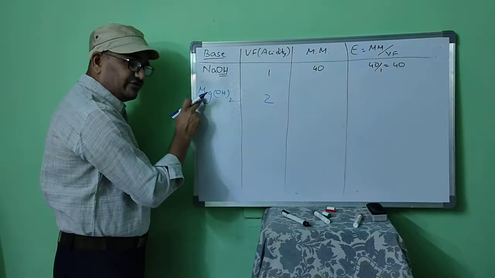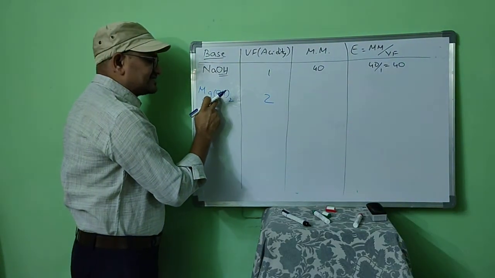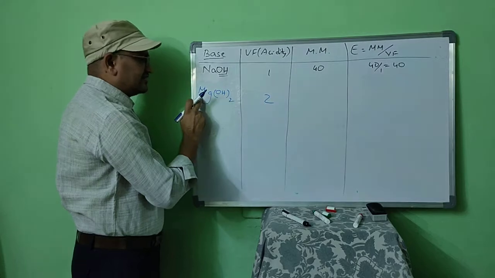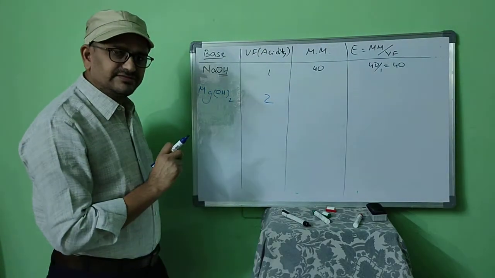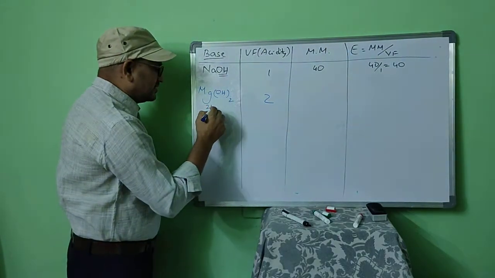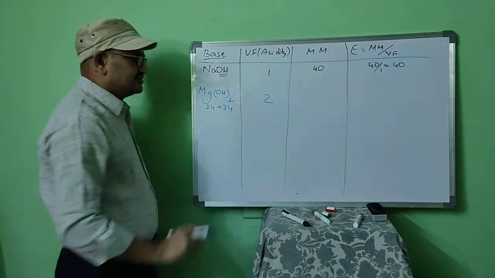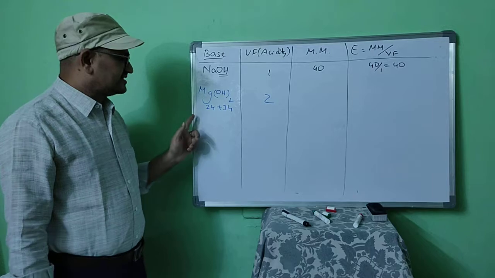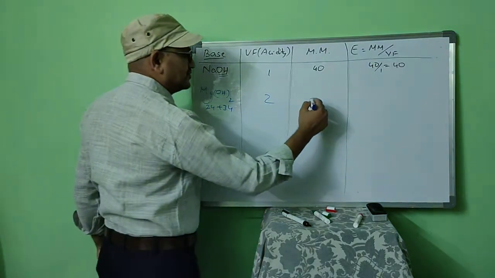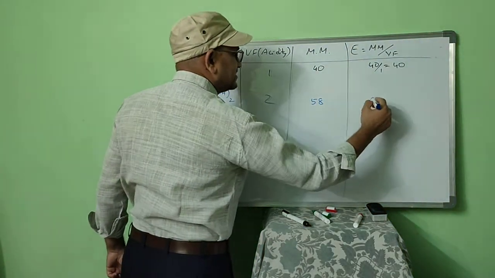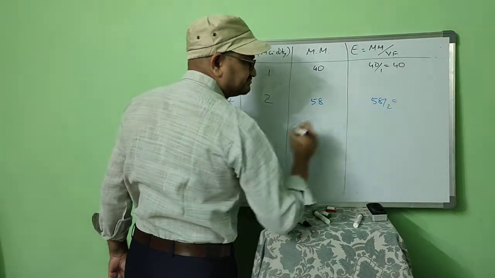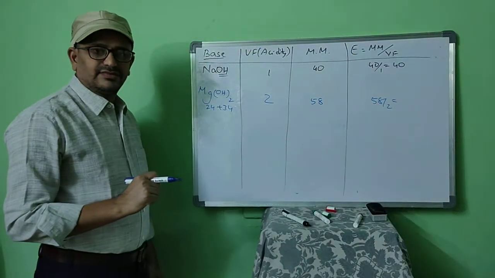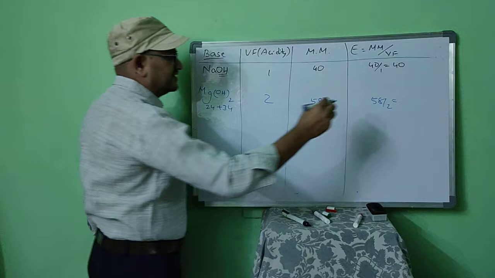Magnesium is 24. This is 16 plus 1, 17, times 2 is 34. 24 plus 34, how much is it? So I think it is 58. So equivalent mass is 58 by 2, right? 29.